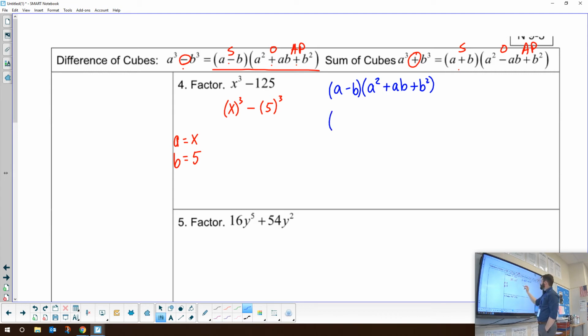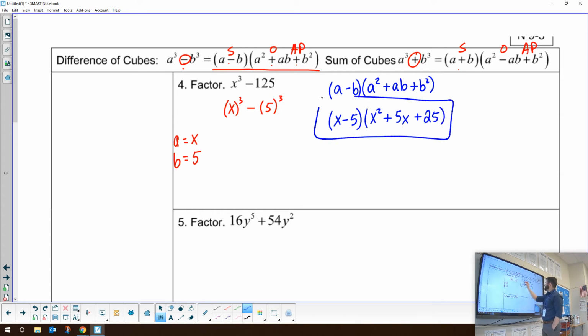So my a is x, so we'll go x minus my b is 5, so x minus 5, x squared, my a, and then plus a times b, so that's x times 5 or 5x. And then lastly, b squared, well, 5 squared is 25. So there is my factored solution.